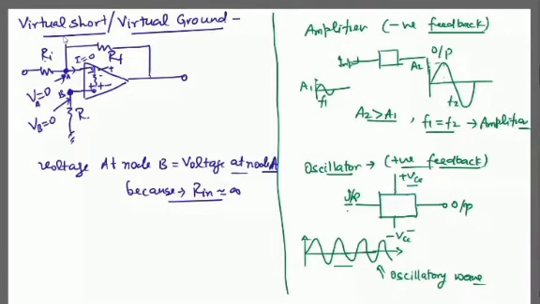Because Rn equals infinity, the voltage at node B equals the voltage at node A. So you see, practically, this is behaving like open circuit.